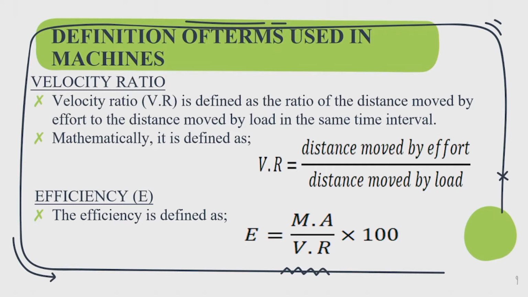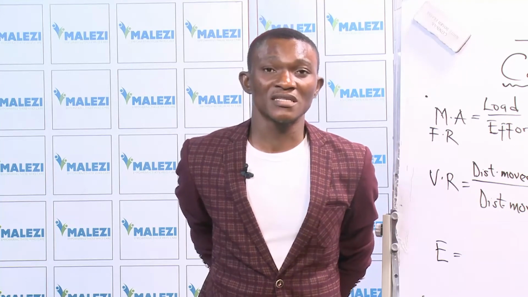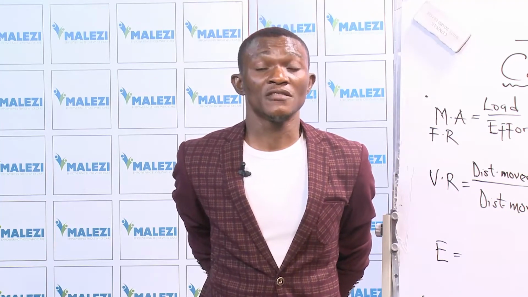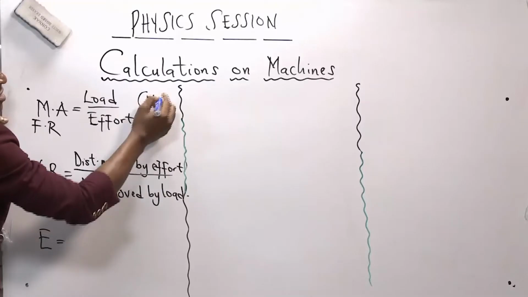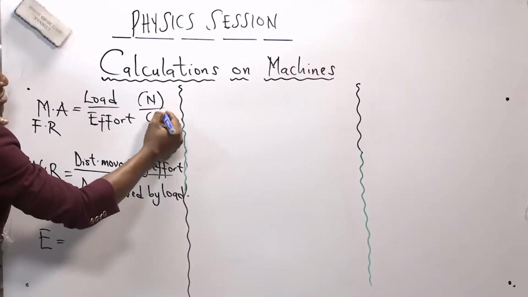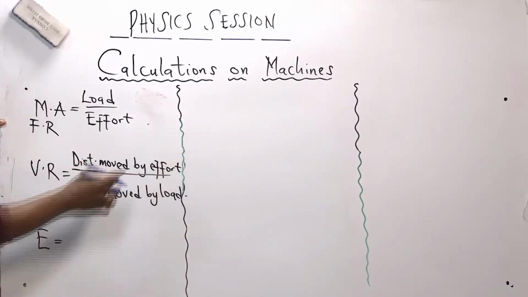Unlike the MA, that is load over effort, both of them are dimensionless. When we say a quantity is dimensionless in physics, what we mean is that it has no units. You can see from here that the load is measured in Newton. The effort is also measured in Newton. So when we divide, they cancel out. That tells us that they have no units.